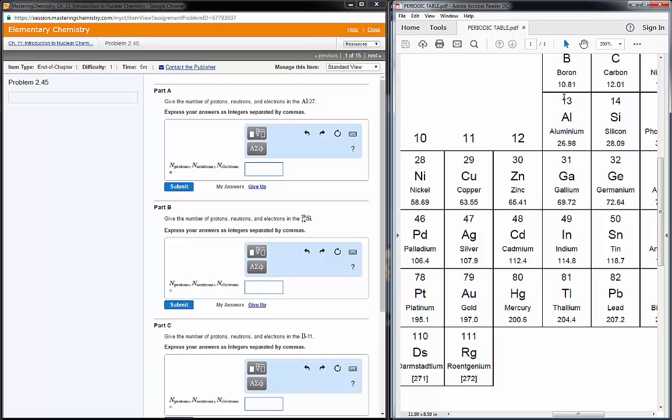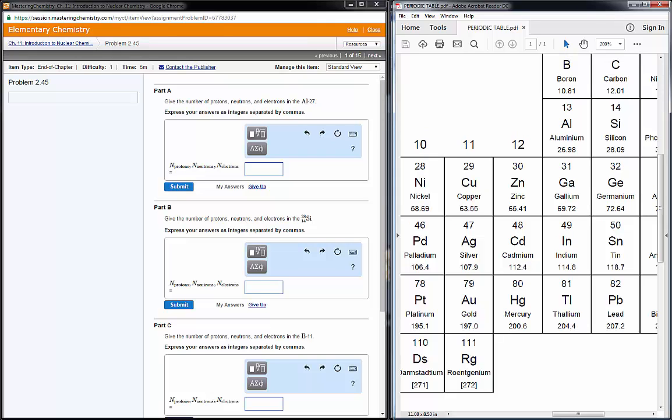Aluminum has an atomic number of 13. For the moment, we're going to ignore the mass on the table because it is an average weight, and here we're looking at specific isotopes, so this has a specific weight. Every aluminum, by definition, has 13 protons.